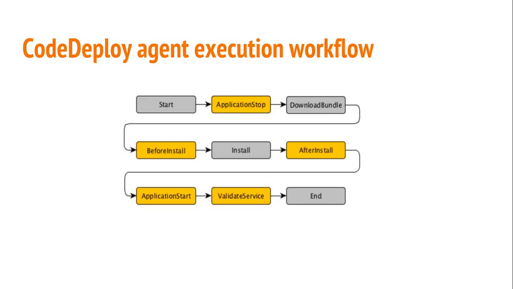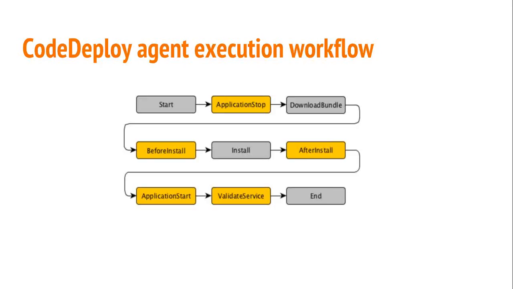Suppose you are deploying an application to an Apache web server or Apache Tomcat. We have to write how to stop the application. We will have some command to stop the application or server, and we write that script in the application stop step.